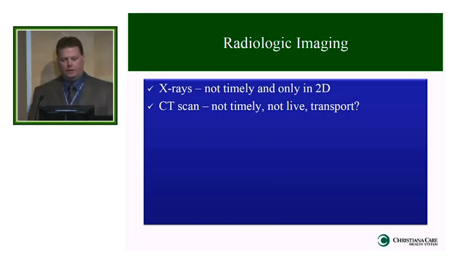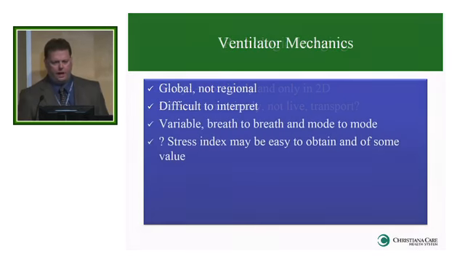All these things subject the patient to radiation. They're not live. You don't see the patient breathe. You just see what's expanded or not expanded. And most people have to transport the patient to CAT scan. You can't do a lot of chest CAT scans right in the ICU. Usually they're head CAT scanners. I think it exists, but I haven't seen or heard of a lot of people having that.